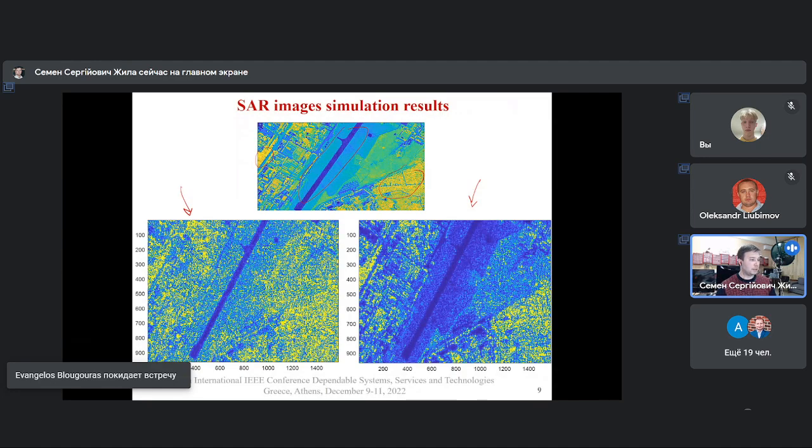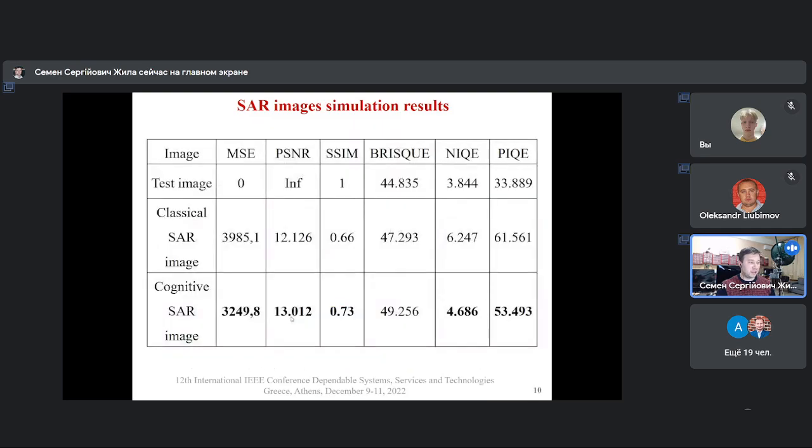And we obtain these two images, and it's your decision which one is better. But we used some metrics for image testing: mean square error, PSNR, structure similarity metrics, and three metrics with non-reference signals. In almost all of the results, our cognitive SAR image was better.